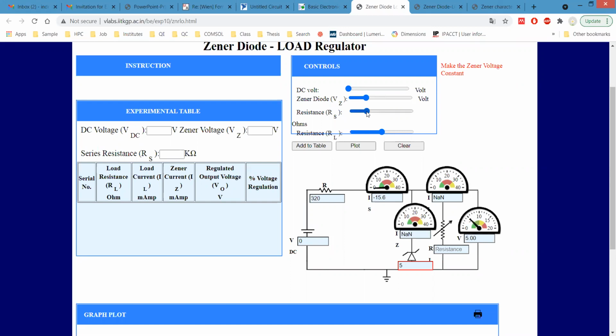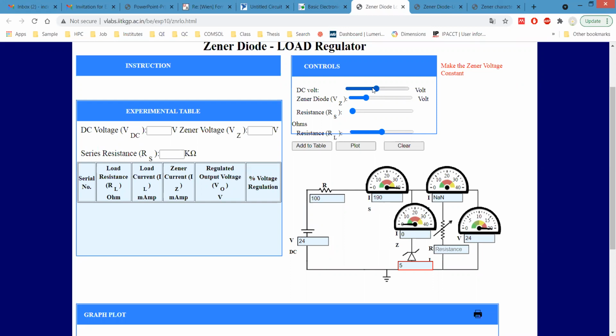in this case our resistor is 500 ohms. The load resistor we are going to change, and the DC voltage should be above the Zener breakdown voltage, otherwise we will not have the effect of the Zener diode.